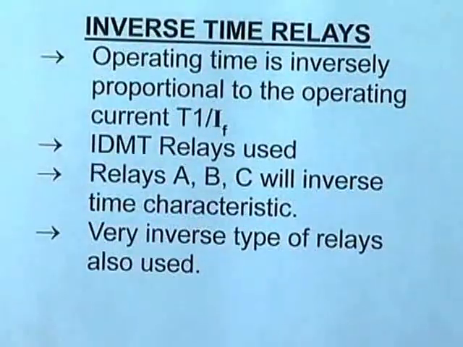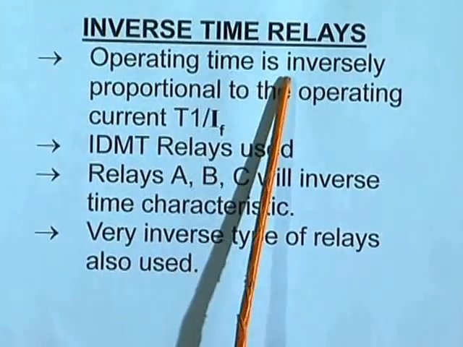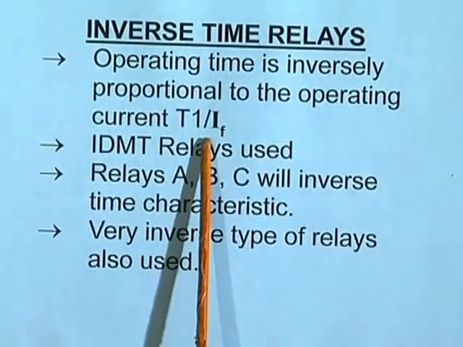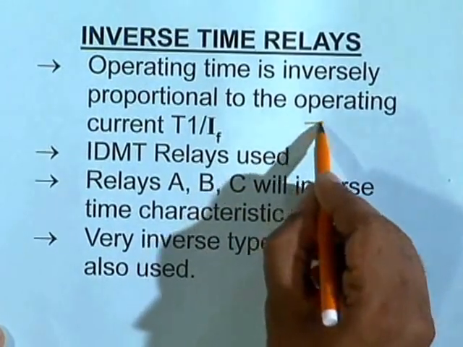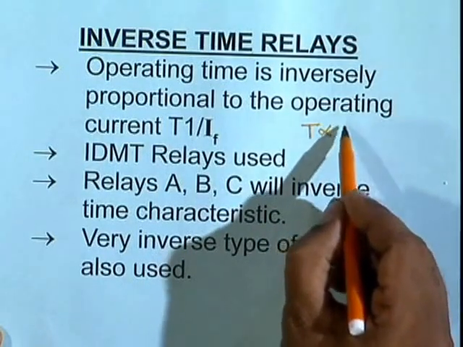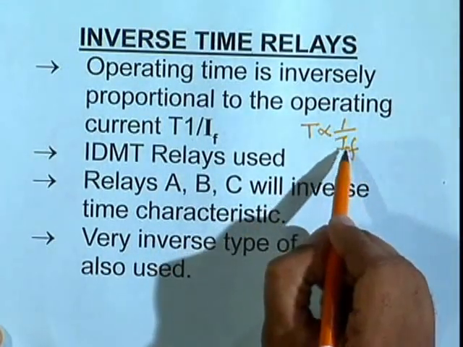Let us see more about inverse time relays. In inverse time relays, the operating time is inversely proportional to the operating current, that is T proportional to 1 by IF. You can see here, this is T, the operating time, which is inversely proportional to 1 by IF. What is IF? This is the fault current.